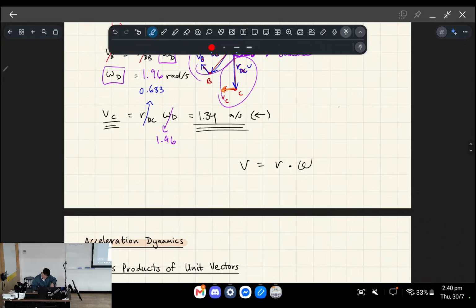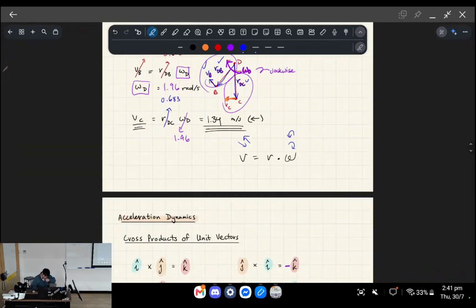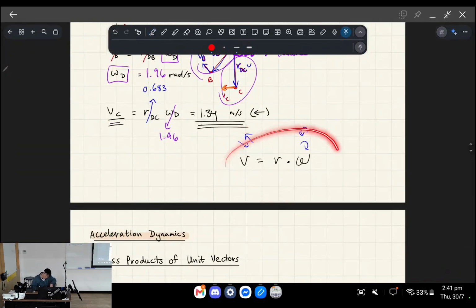And then we consider the directionality separately to this. We consider this as clockwise or counterclockwise, or going that way or that way, and so on. So we kind of fudge the maths a little bit and then point the directions according to our understanding of how the physics works. That's what we've been doing.